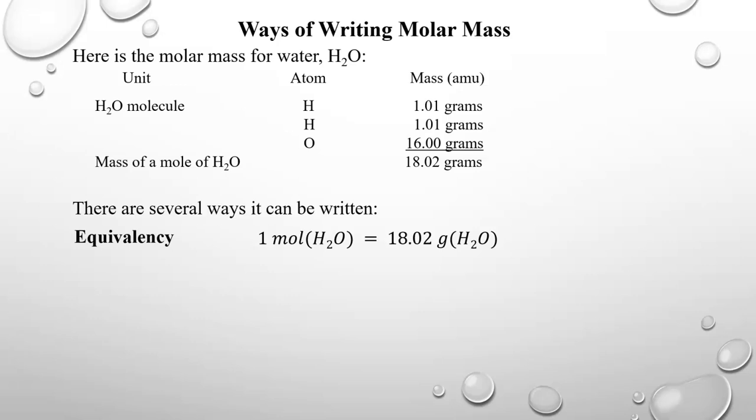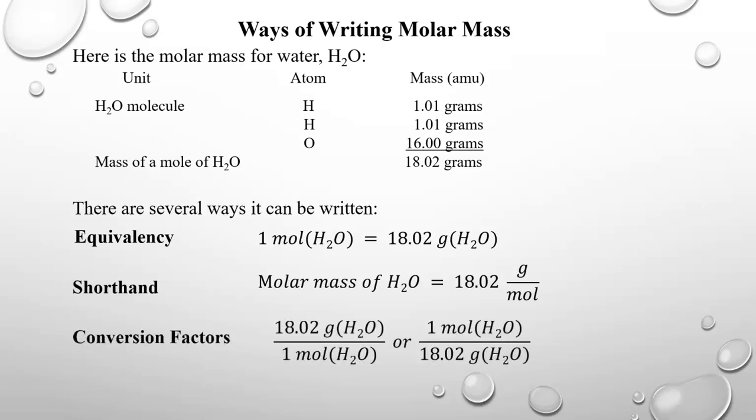For water, it's 18.02. Then the shorthand, the way you'll often see it in a problem, is the molar mass of H2O equals 18.02 grams per mole. That means 18.02 grams of H2O for every 1 mole of H2O. But that's kind of a shorthand way of writing it. And finally, the way you're going to need to use quite a bit are the conversion factors.